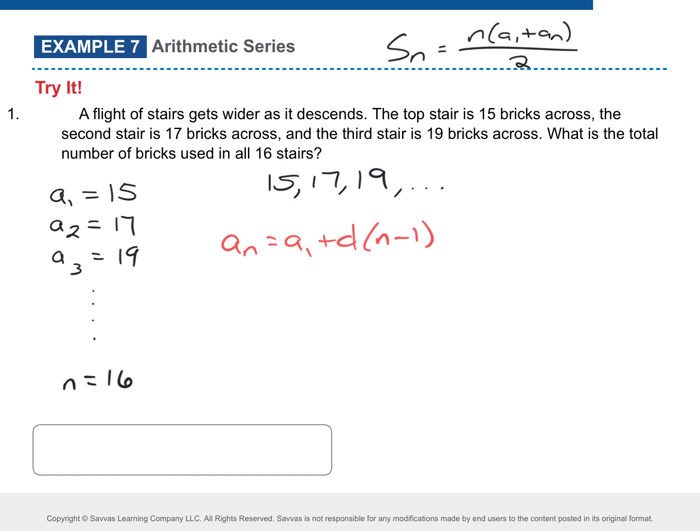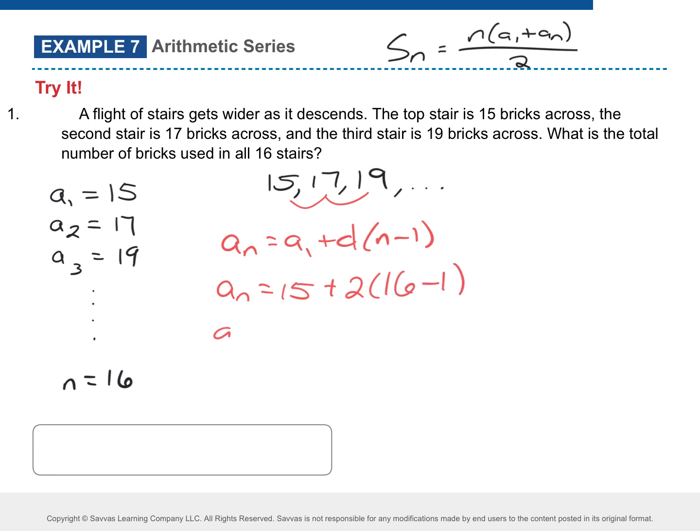So we're going to use this formula to help us. We are looking for AN. What's A1? 15. What's the difference? 2. It is 2. Yep. And then what's N? What's the total number of stairs? 16, right? Good. Yep, minus 1.